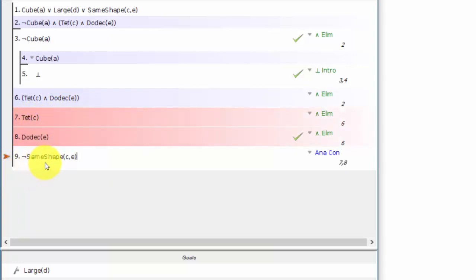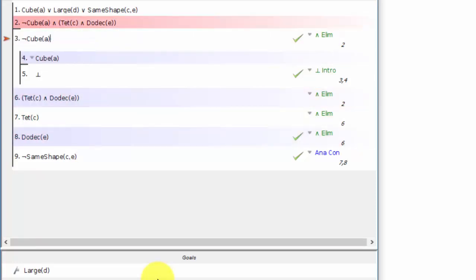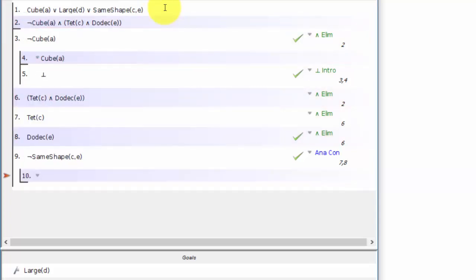Because 7 and 8 are different shapes. Now that I have that it's not the case that C is the same shape as E, coming back up to our disjunction, I see that that falsifies our last disjunct. So now I pull out that option.